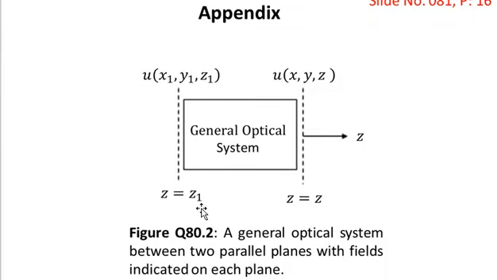Here we have z = z1, and here we have z. So z = 0 may exist somewhere within the optical system. If z1 for example is negative, and if capital Z is positive, then z = 0 will exist within the general optical system.